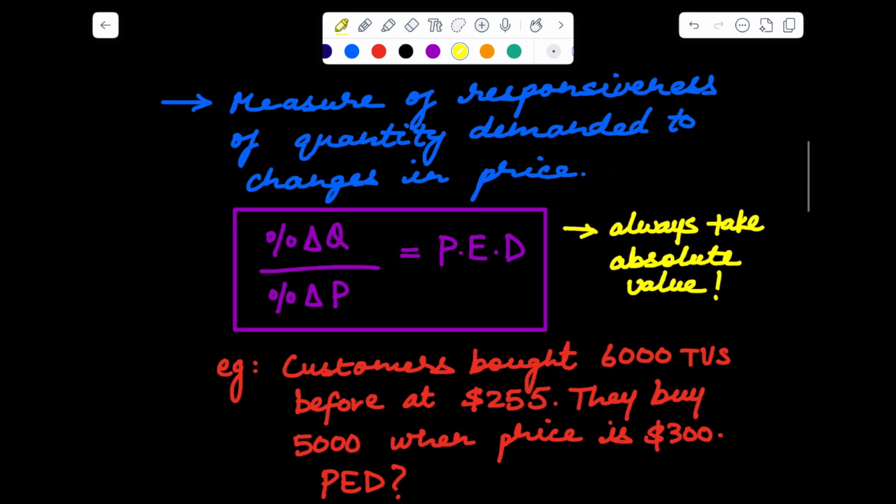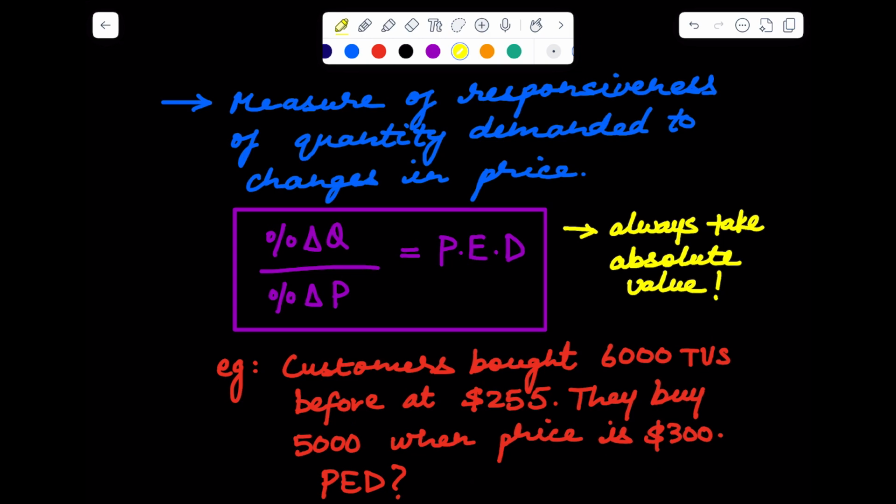What is price elasticity of demand? It is the measure of responsiveness a consumer or producer, well, in this case, only consumers because we're talking about demand, the measure of responsiveness a consumer would have in their quantity demanded when there is a change in price.